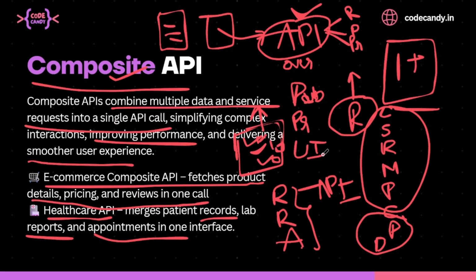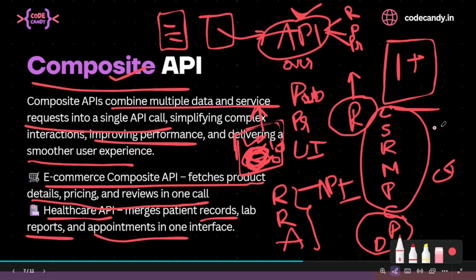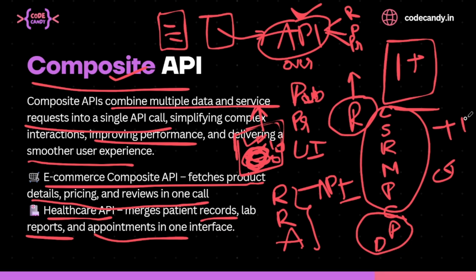Whenever you load multiple APIs, the product page will load like this, with a loading indicator, and the user cannot wait to see the product. So instead of hitting 3 APIs, we will combine the 3 APIs into one API and hit that. We get the response from that API and show the product details within nanoseconds. This is the use of composite API.